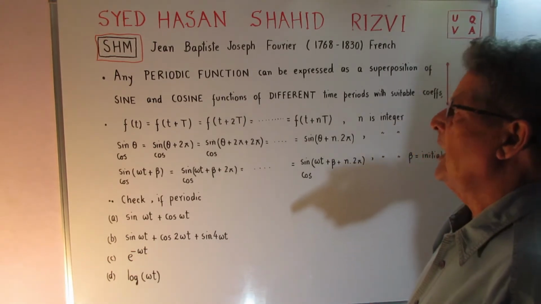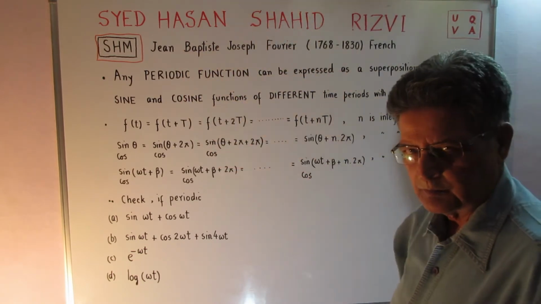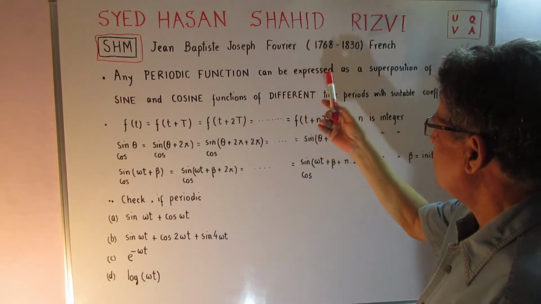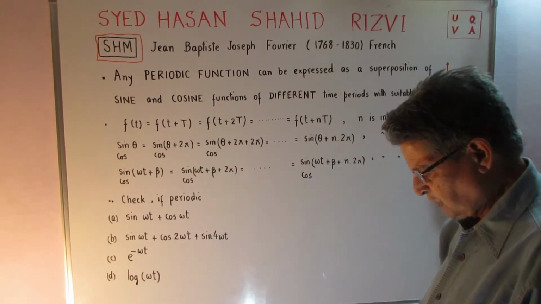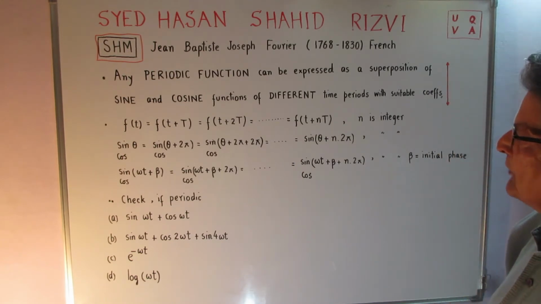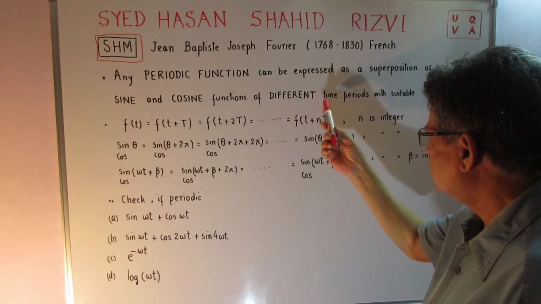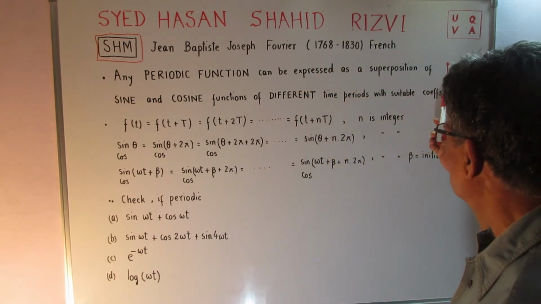And what he says is, any periodic function can be expressed as a superposition of sine and cosine functions of different time periods with suitable coefficients.